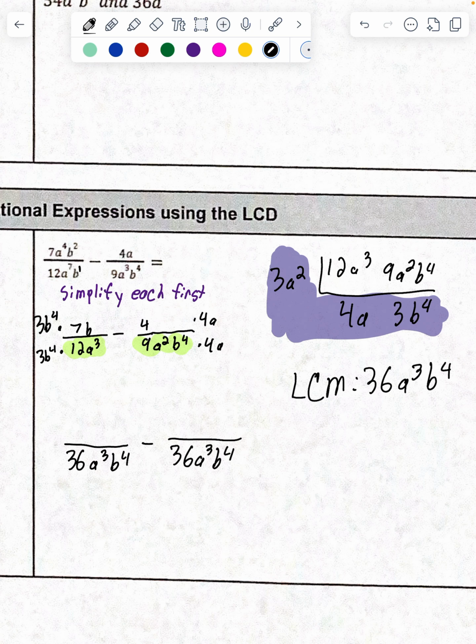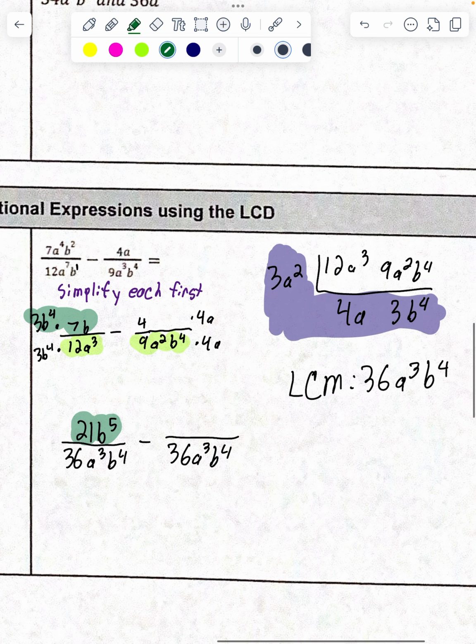So when we take this, we're going to be left with 21b to the 5th. Let me keep that same highlighter for you. Does that look like a 6? I got to do that again. B to the, I said 5th, right?